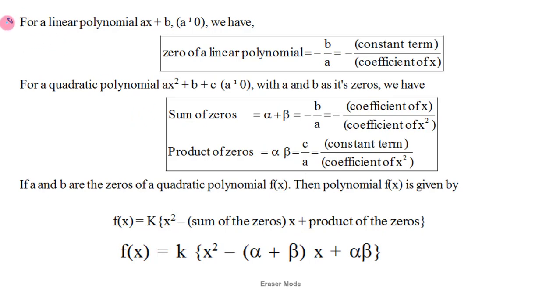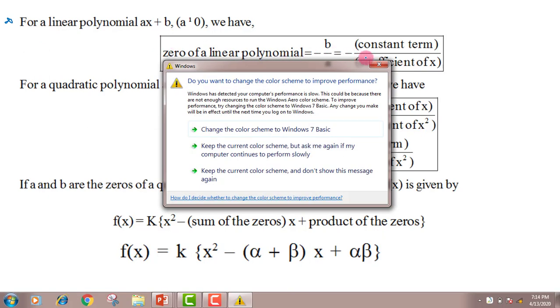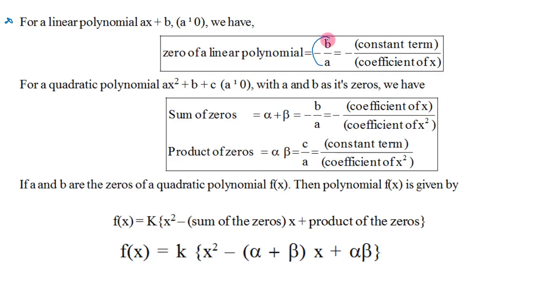Now let us see another important concept: the relation between the zeros and the coefficients of the polynomials. If you take a linear polynomial ax plus b, the 0 of this polynomial is minus b by a, that is, minus constant term by coefficient of x.